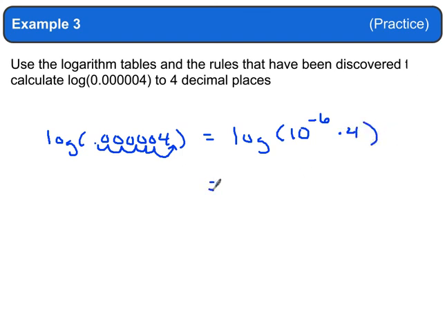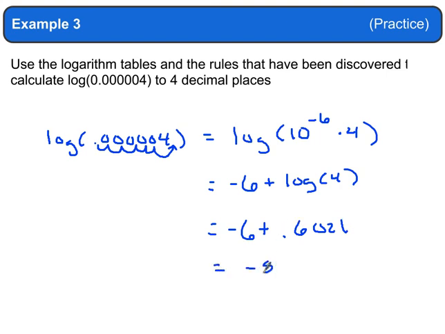So that means we would rewrite the rule. We would write -6 and we would put plus log 4. And so that would become -6 plus 0.6021. And when we add that together, we get -5.3979.